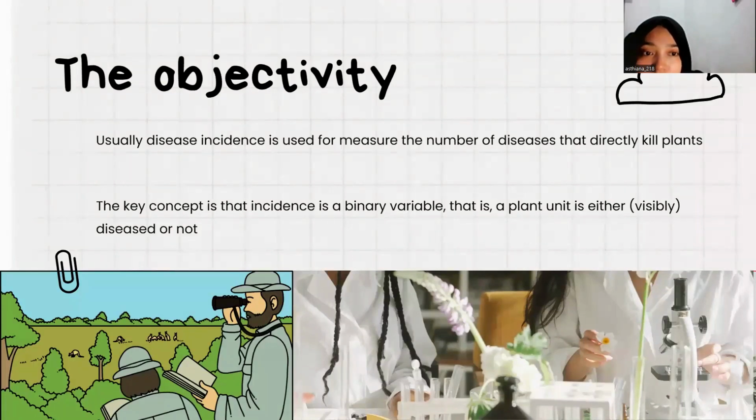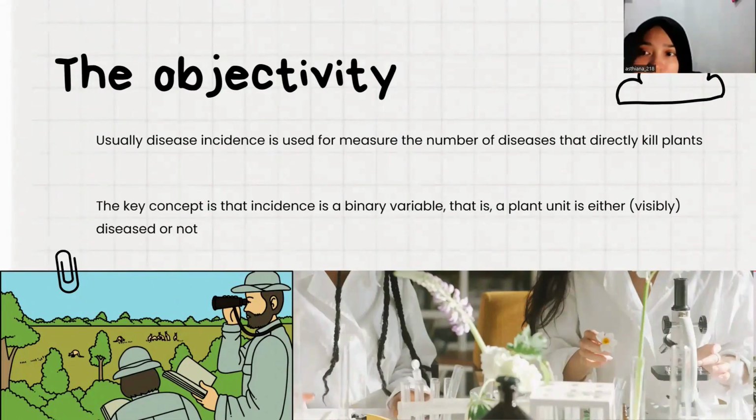Okay, so the aim of this topic is that disease incidence is usually used to measure the number of diseased plants. The key concept is that incidence is a binary variable, that is, a plant unit is either visibly diseased or not.